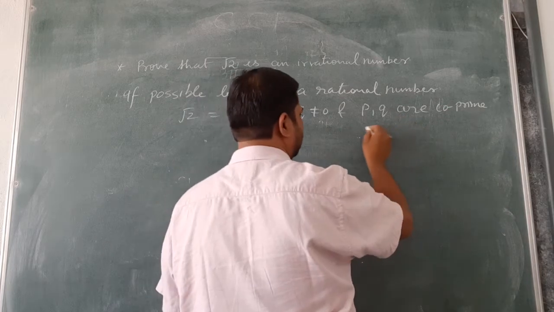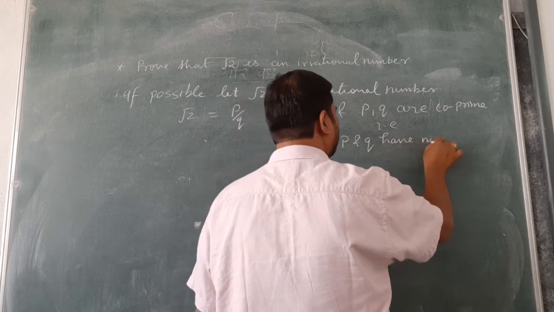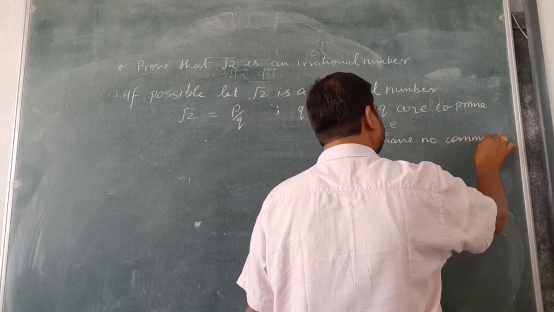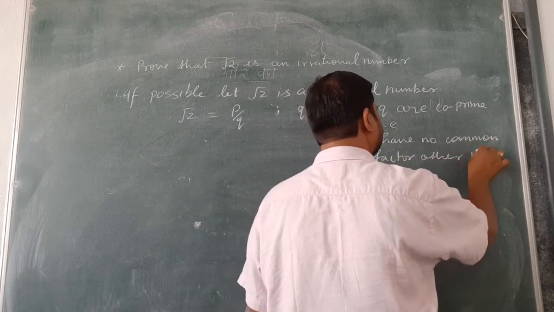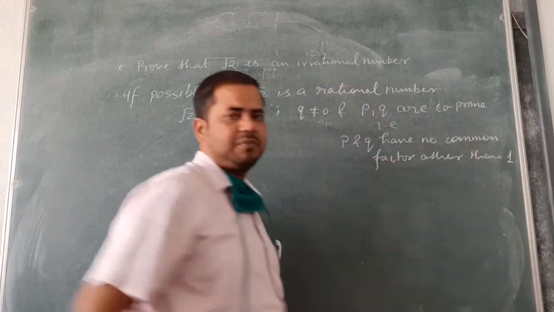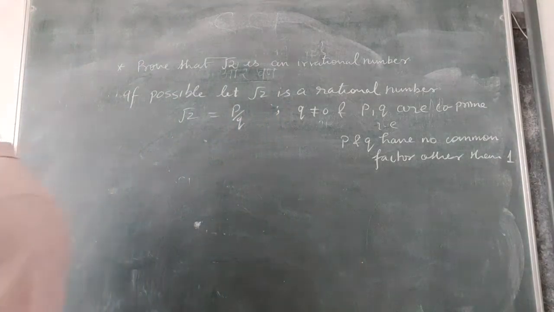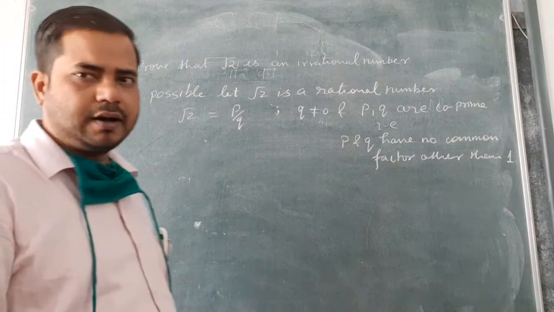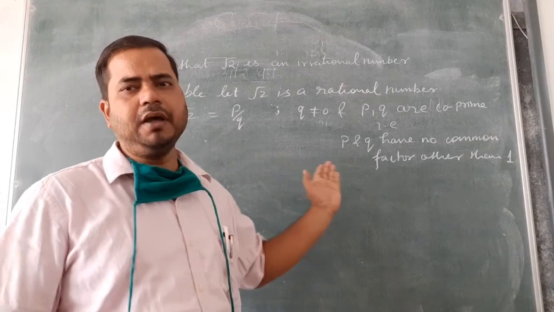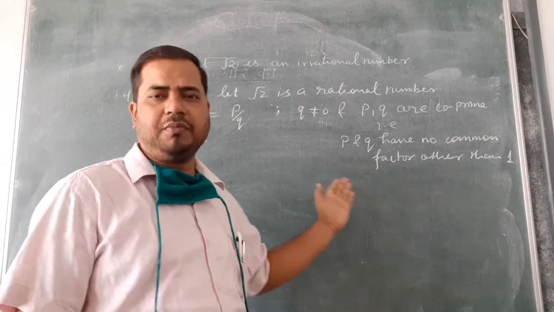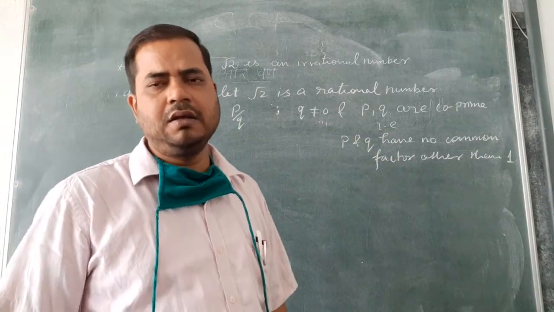Co-prime means p and q have no common factor other than 1. If it is a rational number, we can write it in the form p by q, where q is not equal to 0 and p, q have no common factor other than 1.